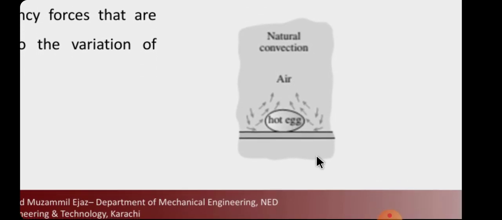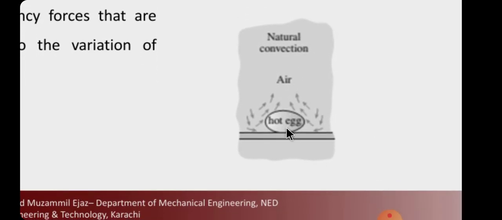As I said before, if there is any hot object, the adjacent air surrounding it gets hotter, and due to the temperature increase, it expands. Gas also expands, so when the gas expands, it becomes lighter and the density becomes lower.